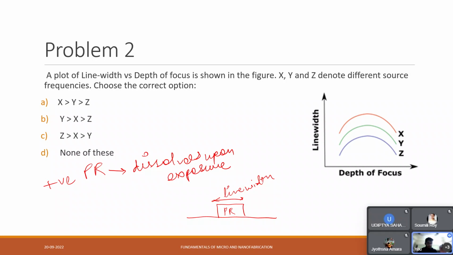You will have a mask set up for this, and because it is positive photoresist, you will have a mask which is opaque in the middle part, and these will be transparent. So it is chrome, and these are no chrome.